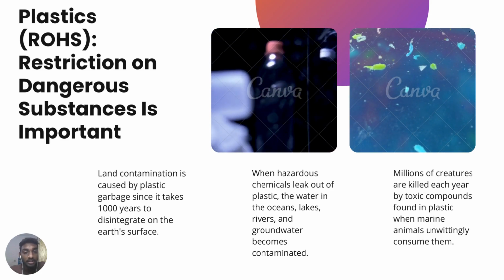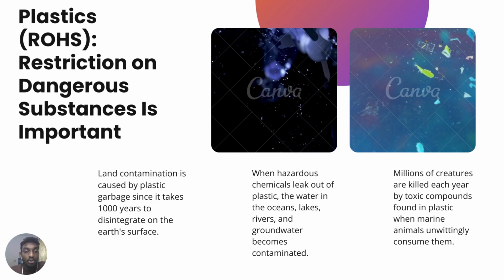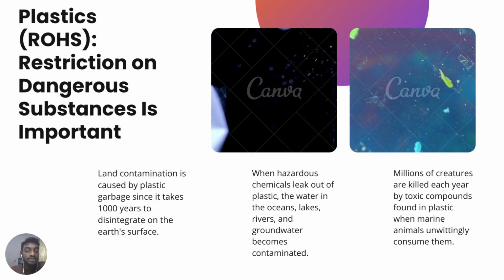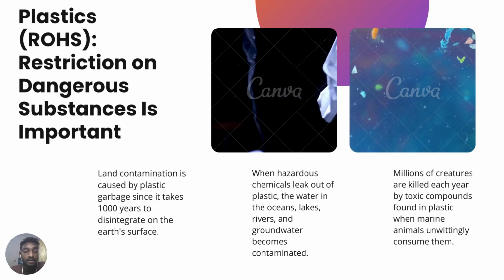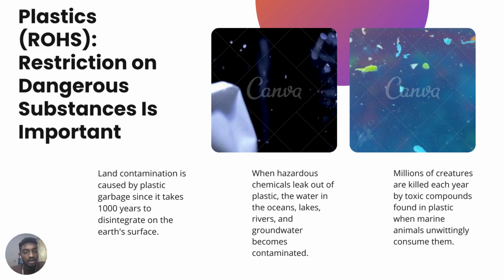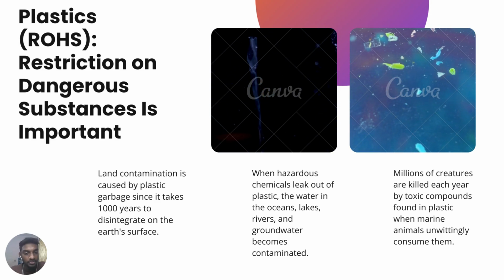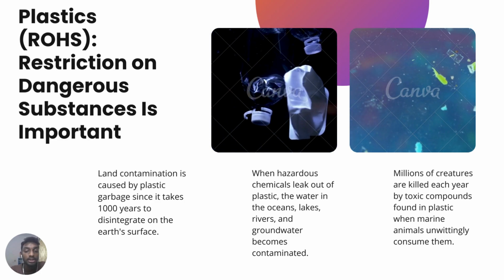So next, when the hazardous chemicals leak out from the plastics, the water in the oceans, lakes, and rivers, and even in the groundwater becomes contaminated. So this can cause diseases for humans who are actually consuming the water.